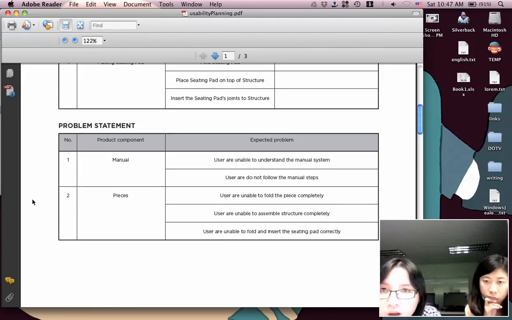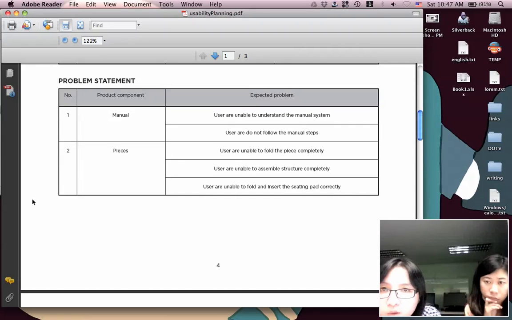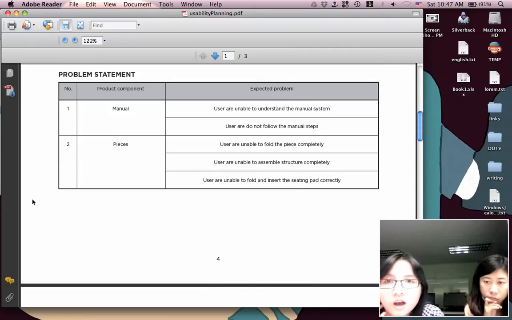The problems that we thought we would face could be separated into 2 areas. The first one would be with the manual, like whether they are able to understand the manual system, or even though they understand it, they won't follow the steps.